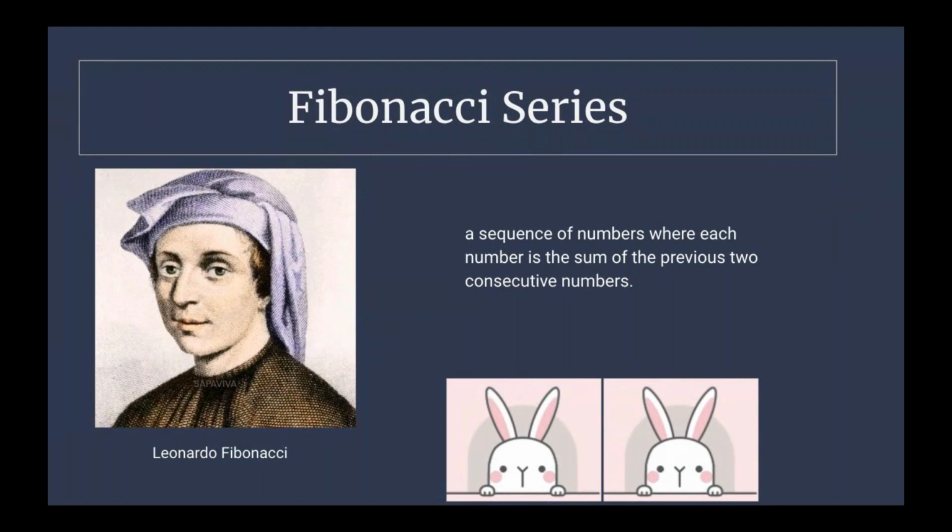Now, this is what the Fibonacci series states. Side note, he actually didn't populate all of these bunnies. It was all in his head, but this series is really important in our world.